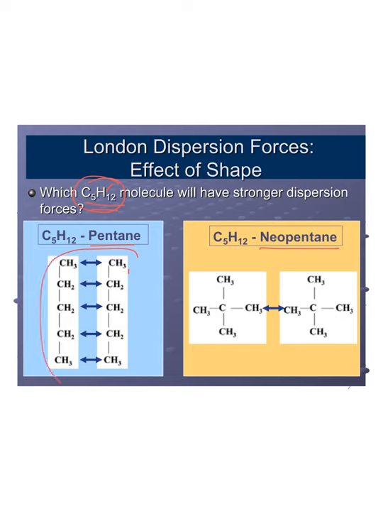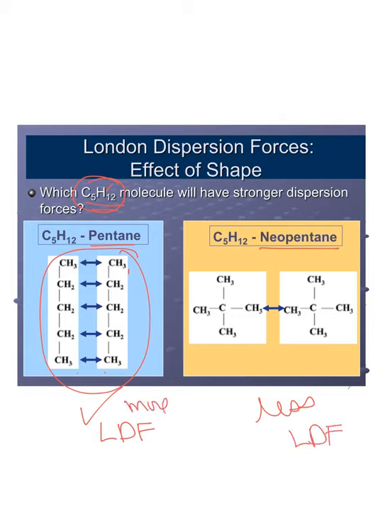Well, this one is longer and skinnier. This has more, you can think of it as surface area of these interactions between one molecule and another molecule. And so this one is going to have a greater London dispersion force than this shorter, fatter molecule, which is going to have less. This would have greater, this would have less.